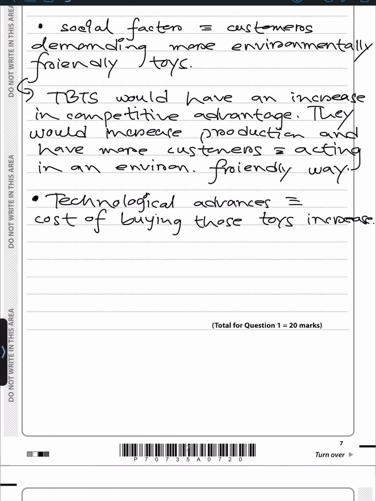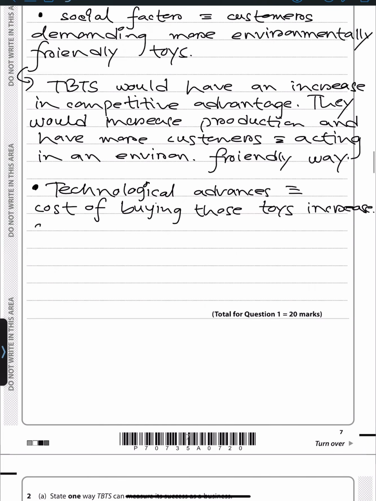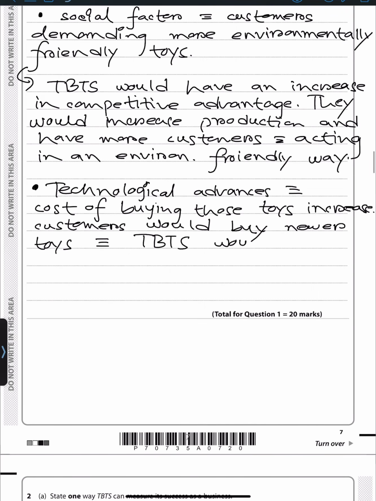And if that happens, then customers would buy alternatives or new toys. And that would mean that TBTS would have unsold stocks. And that is a disadvantage for the business.